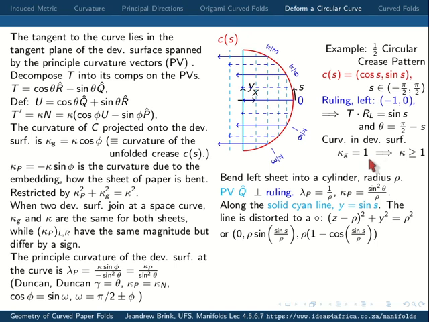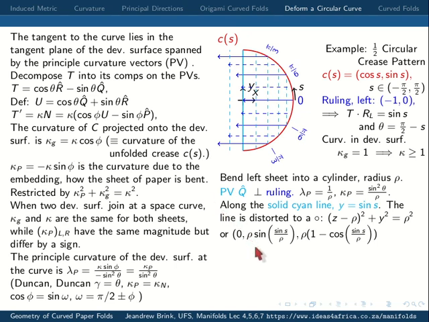And then we said, fine, the total curvature of the deformed surface is going to be greater than or equal to 1, because if we don't deform it at all, it's equal to 1. But if we deform it some, then kappa g is simply kappa cos phi over there. So we immediately have that inequality that the full curvature in our three-dimensional deformed curve will always be greater than the geodesic curvature.